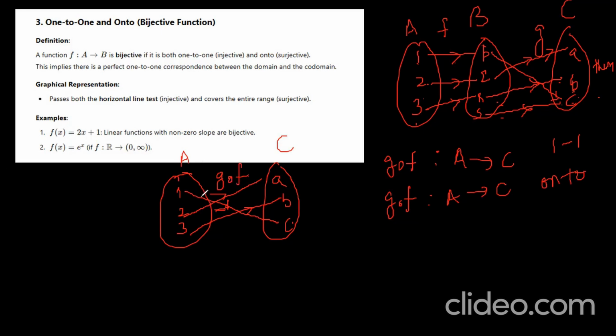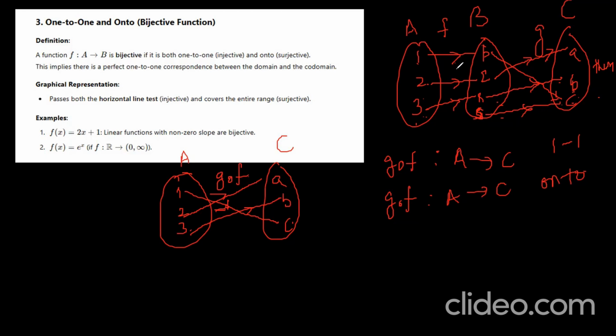But F maps A into B is not onto. You see, this is not onto, right? What is the condition for onto? n of A should be greater than or equal to n of B. So F maps A into B is not onto here. You understand?